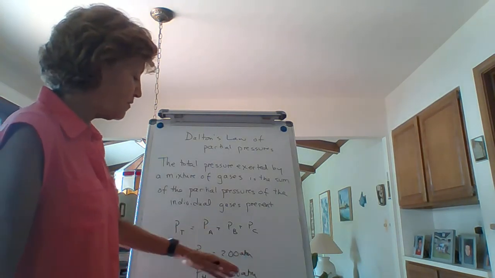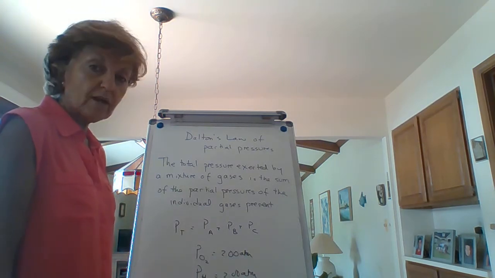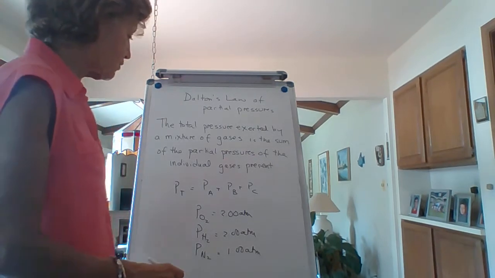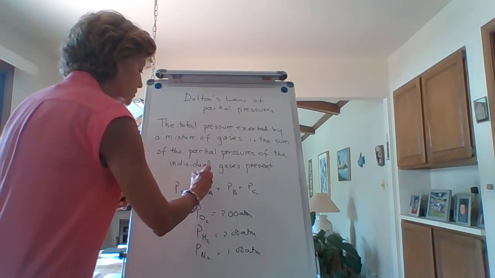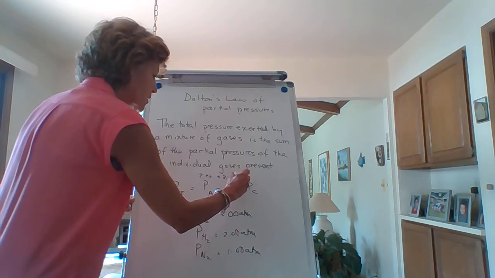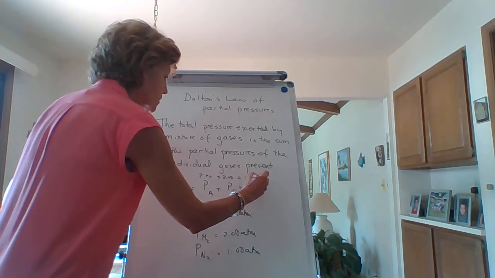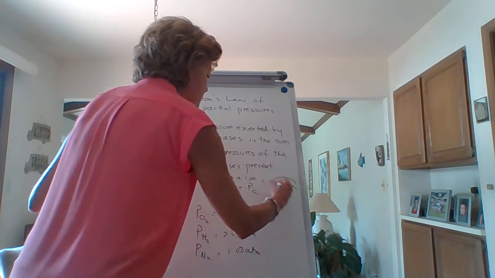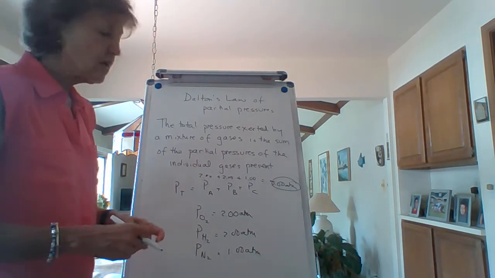This is 2 atmospheres, this is 2 atmospheres, and this is 1 atmosphere. All right, so what would the total pressure in the container be? You would write 2 plus 2 plus 1. You end up with 5 atmospheres. It's as simple as that.